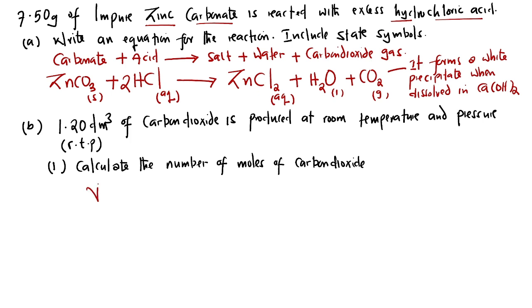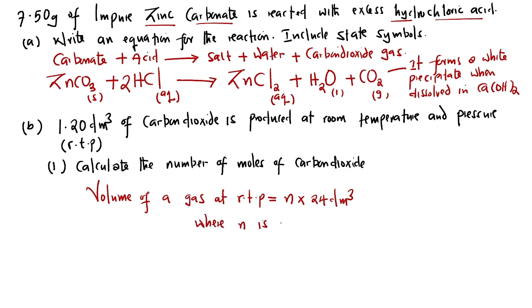We are told that the volume of a gas at room temperature and pressure is equal to n multiplied by 24 decimeter cubed, where n is the number of moles.